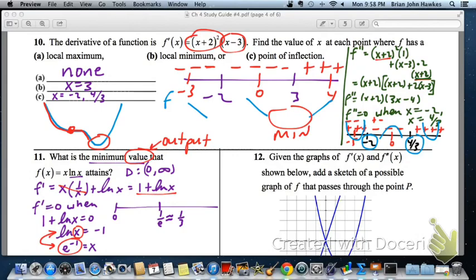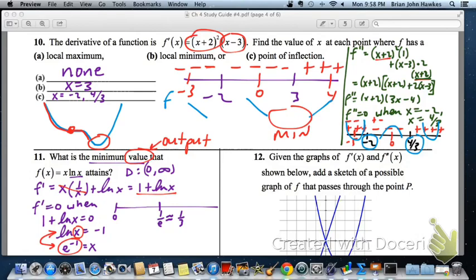So hopefully at that 1 over e value we're going to find a minimum value, because otherwise it's decreasing. If f is decreasing and then f is increasing, then certainly 1 over e would be where f of x would attain its minimum value, because it would never reach a lower value, never come back down, otherwise we'd have another critical point.